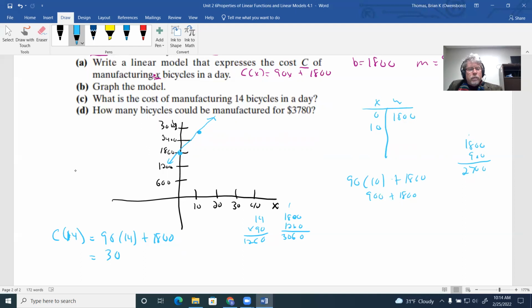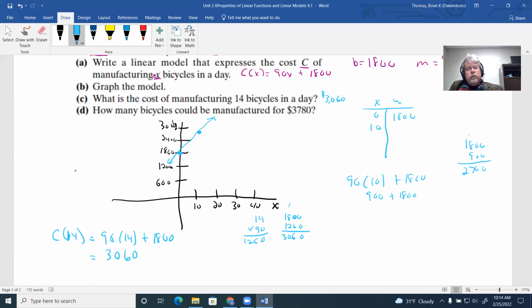So if 14 bikes are being made, it's going to cost the manufacturer $3,060 because of the fixed cost of $1,800 and $90 per each bike being made. So C would be $3,060.